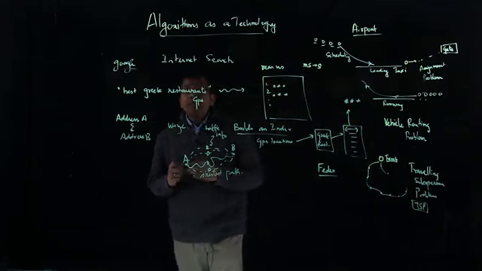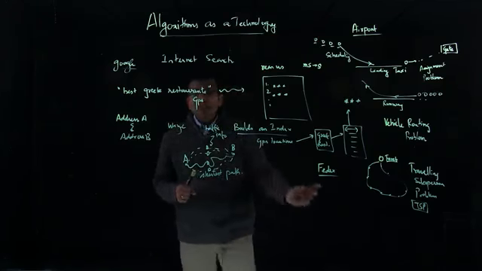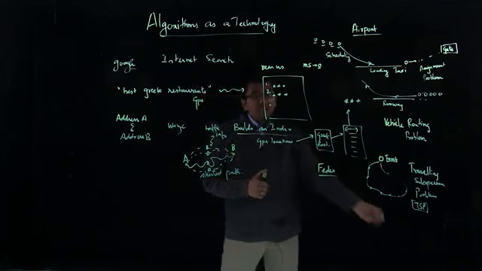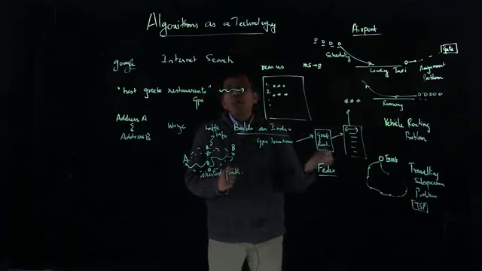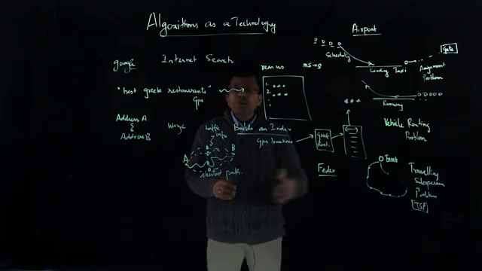TSP is a very, very difficult problem to solve. If you can solve it efficiently, you can end up saving companies like FedEx a ton of money. Any efficiency gains you can make in solving TSP problems will mean a lot of money to a lot of people. So this is an example of an algorithm that can make a huge impact on people.